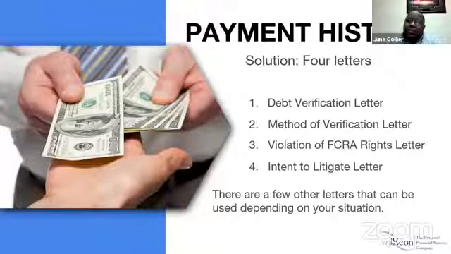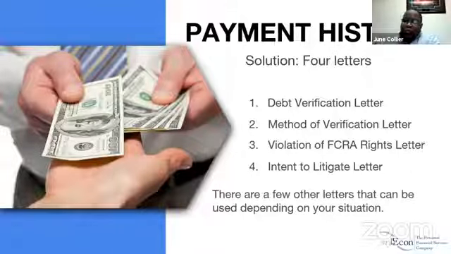So there's a letter that you can send for that. So we've got several letters in our system that are in addition to the 4 main letters that you see here. So this is payment history. This is you really going out and trying to get some of the negative items off your credit report.